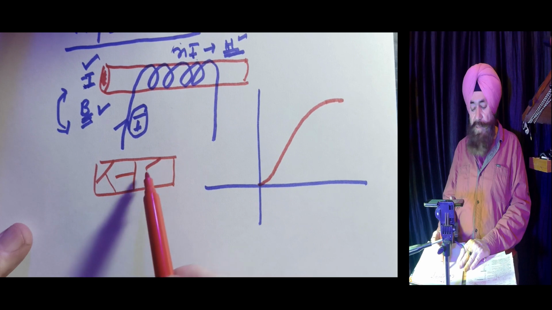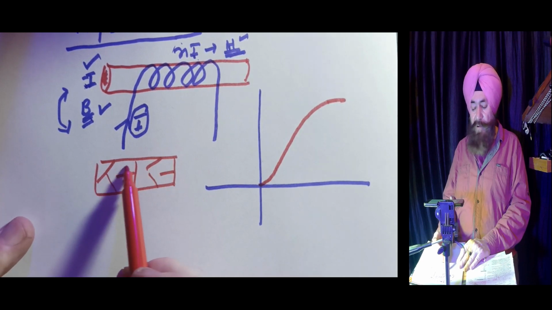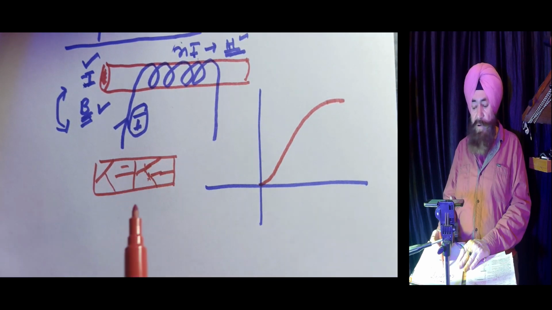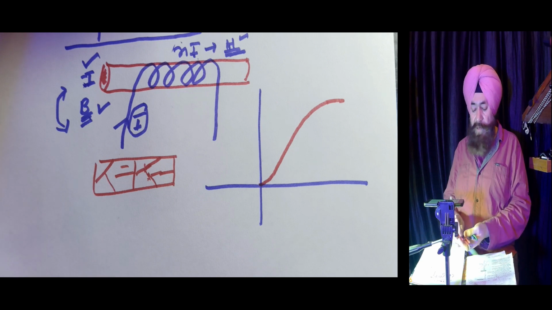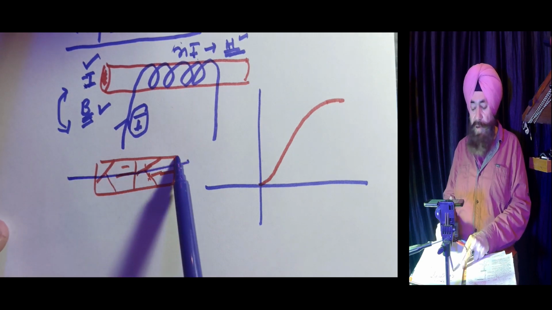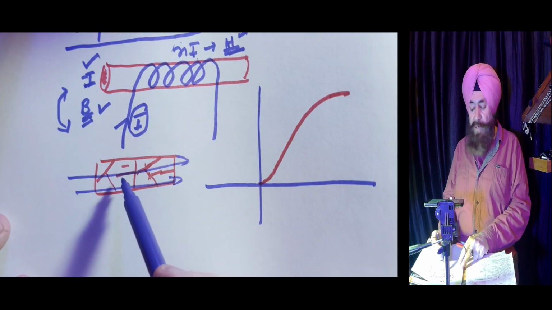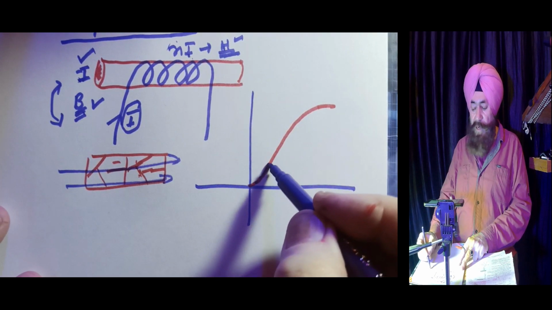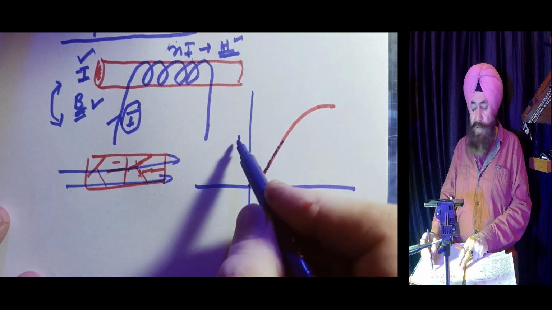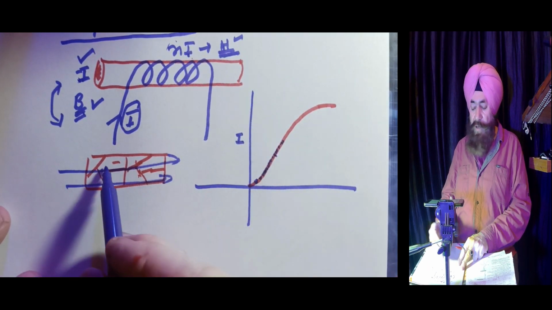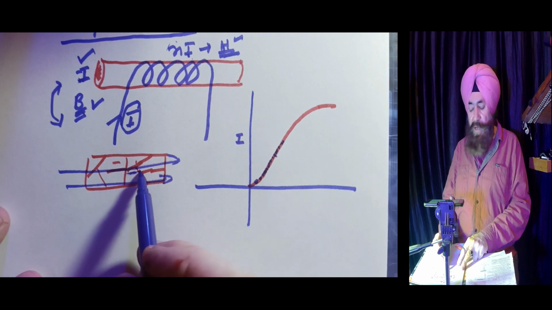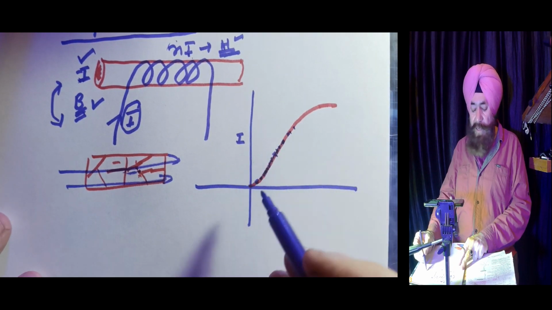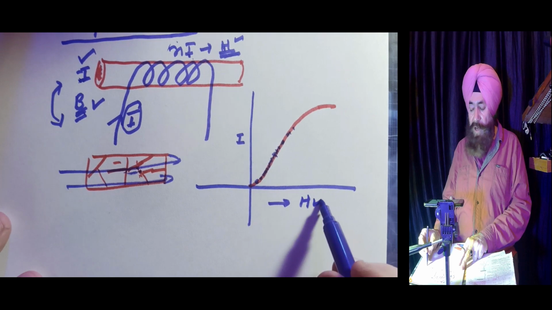There are domains in which magnetic moments are aligned, but the domains are randomly oriented in space. When you apply the magnetic field, the alignment starts, which means the intensity of magnetization is increasing. More and more domains align, and the intensity of magnetization increases with H. How am I increasing H?